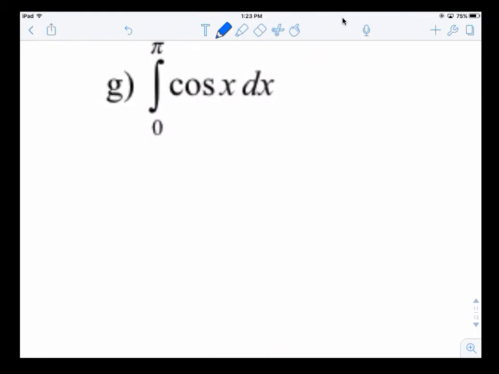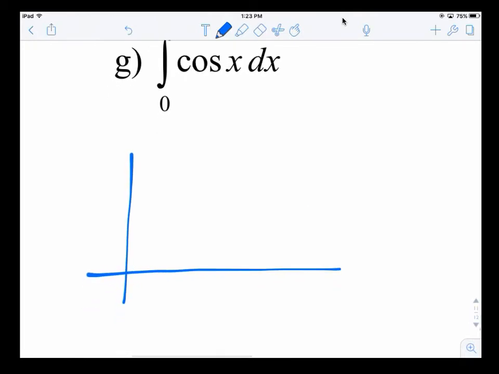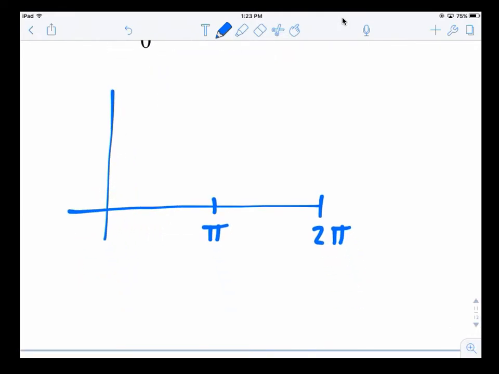0 to pi of cosine of x. So I'm going to call that pi, 2 pi. What are we looking at?